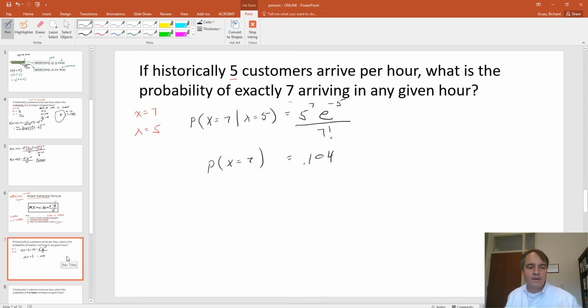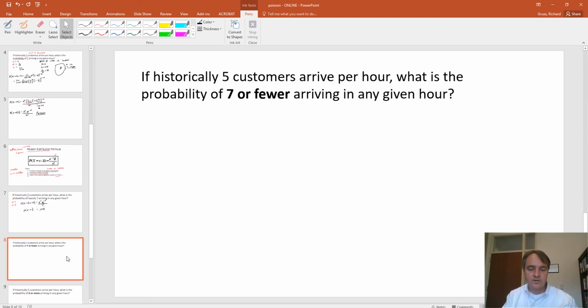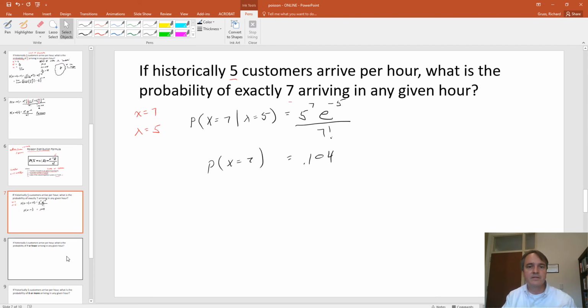So this is the PMF for an exact value. Much like in the binomial, we have cases where we're not necessarily looking for a particular value. In fact, the difference between 5 customers and 7 customers seems pretty trivial, so asking about the probability of 7 doesn't seem like a very important question.